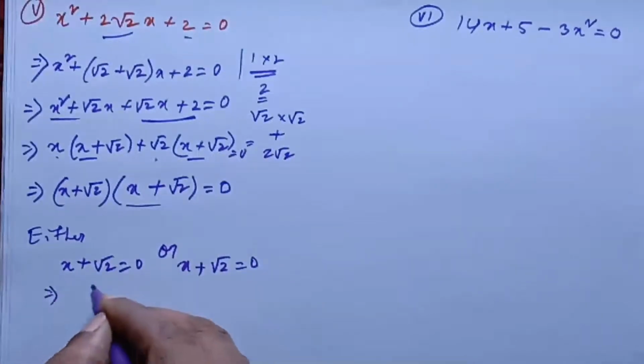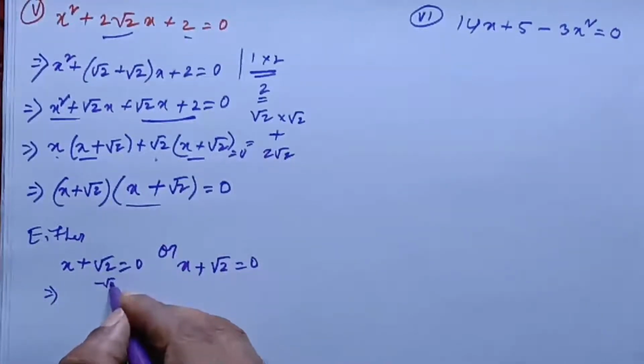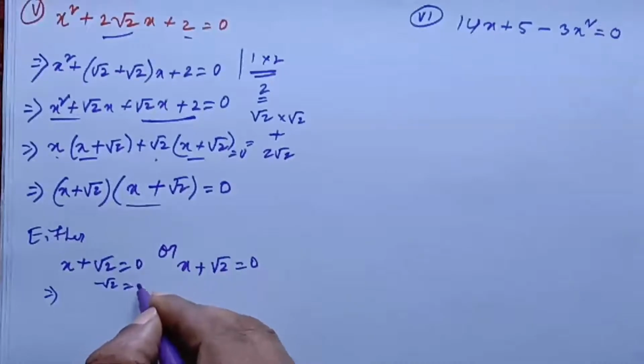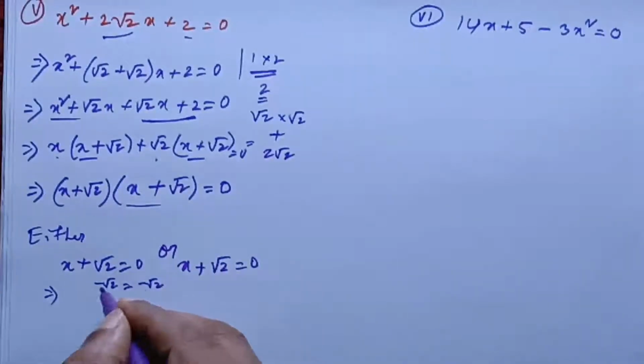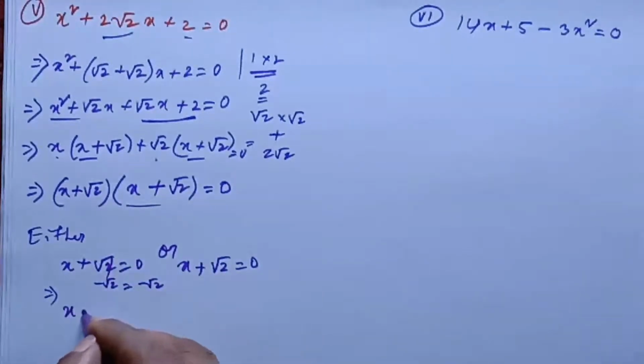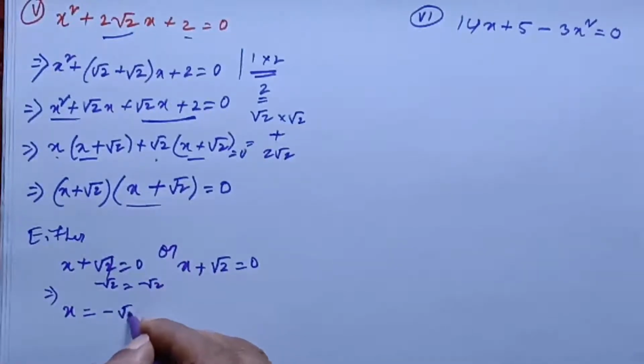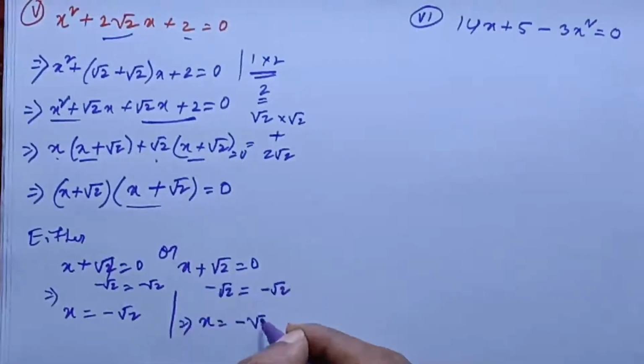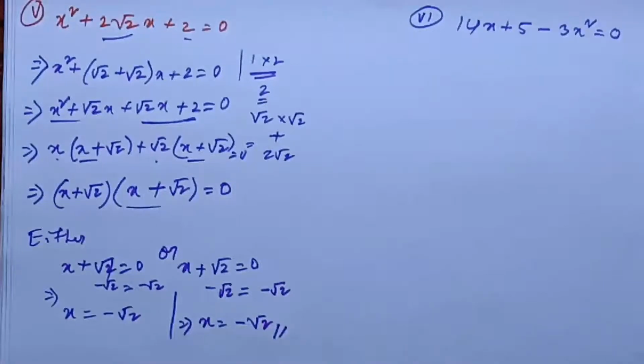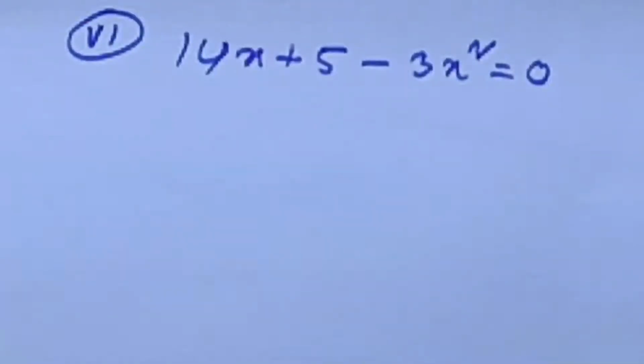So here we'll subtract the same on both sides, minus root 2. Then we can cancel this, so x equal to minus root 2. The same thing, root 2, as answer. So easy. Let's solve another one.